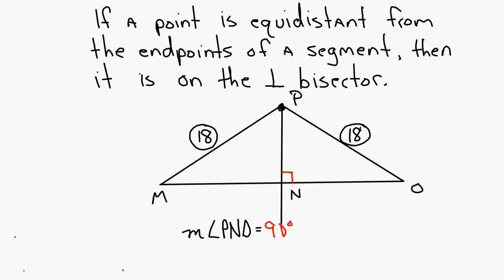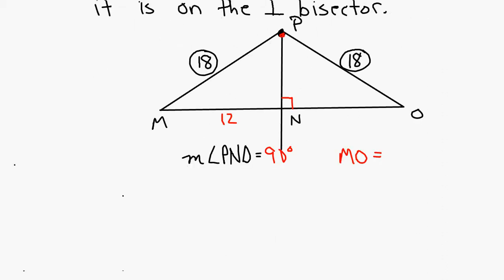And if you're told that M to N is 12, and you're asked to find M to O. Exactly. Since P is equal distance from the two endpoints, then this vertical line is a perpendicular bisector, which means these two segments are congruent. So M to N is 12, and N to O is also 12. So if you're asked to find the entire segment, it's one of the pieces that you were given multiplied by 2, which is 24.